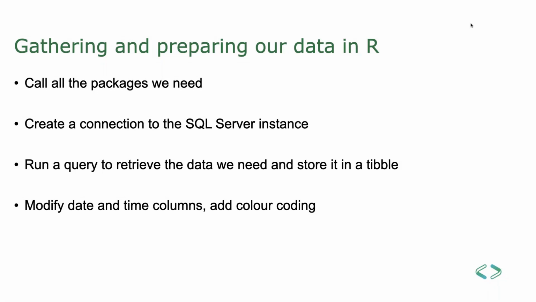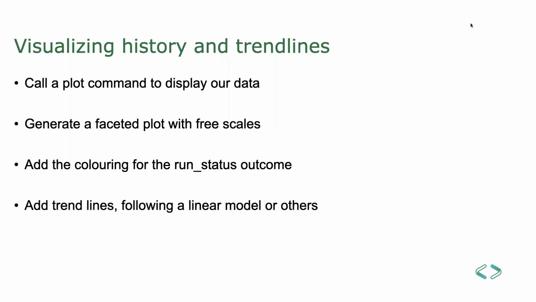So to wrap this up, we have to start by calling the packages we need, like the package for our database connection, the package for the plot function, and so on. We create a connection, we run a SQL query from within R, and then we modify the date and time and add some color coding. And we call the plot command. Here the faceted plot with free scales was the winner, because otherwise we can't see anything.